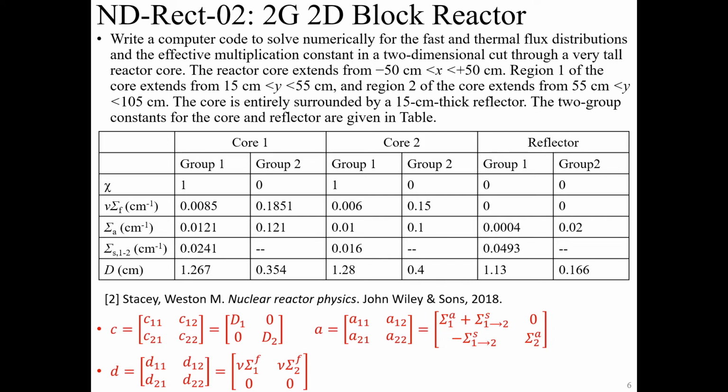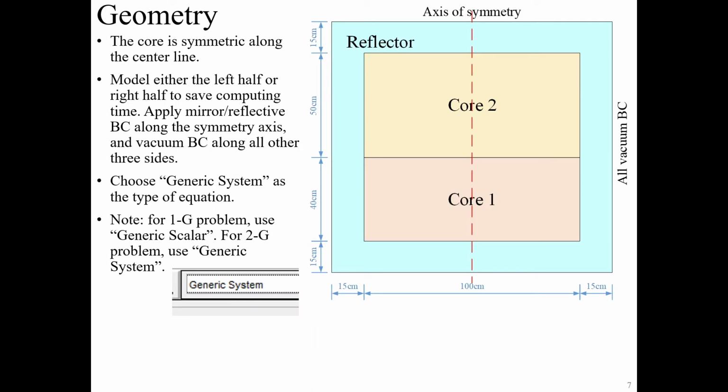Now the previous derivation will be used. You also have nu sigma f, sigma a, sigma s12, and D. How to draw this core configuration is the student's responsibility. For demonstration purposes, I'm going to show this figure here. We know that this core is from -50 to 50 along the x direction.